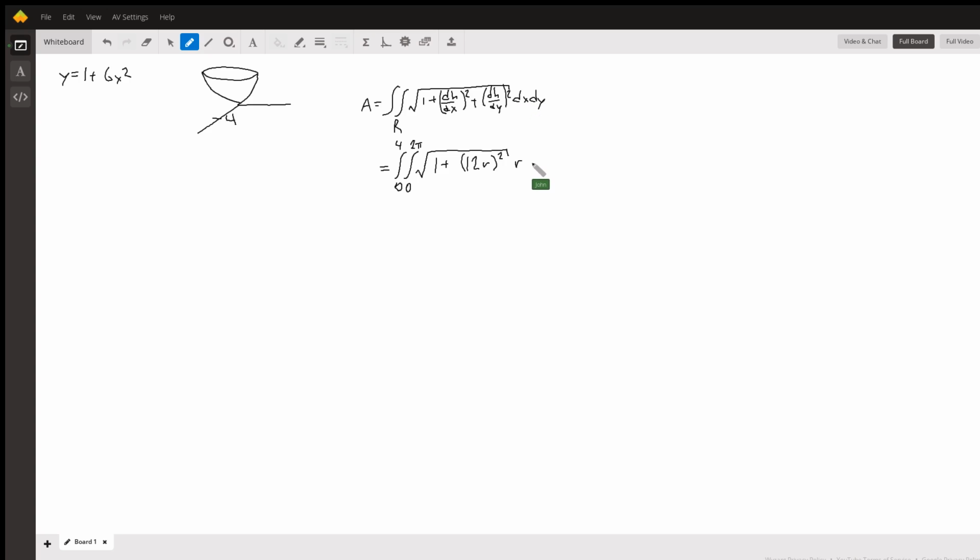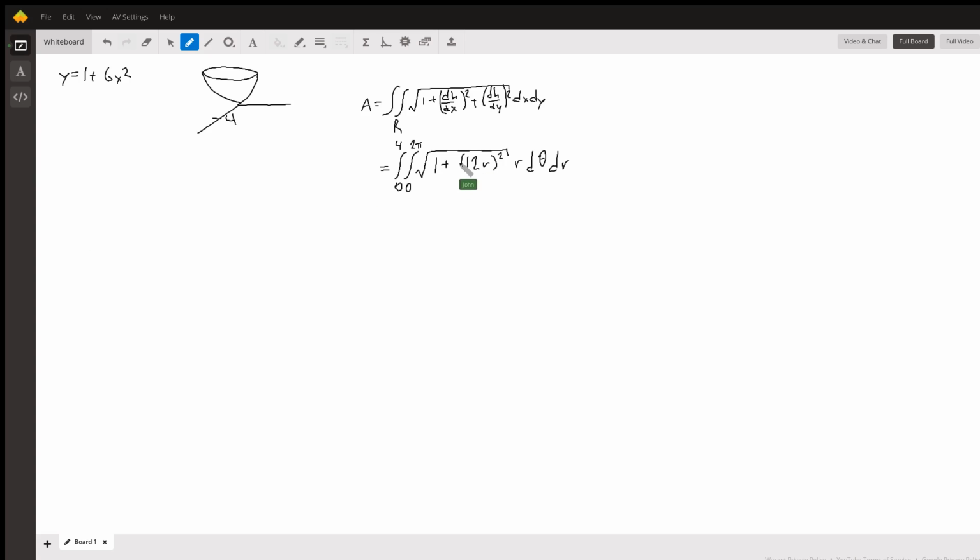And so it's r d theta dr. And then this integral, we have a square root with a variable squared inside, and then the same variable outside of the square root to the first power. We do this integral through a u-substitution.